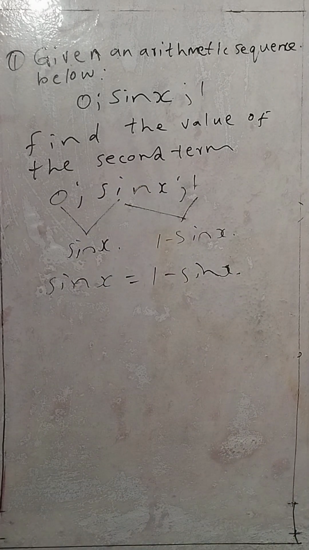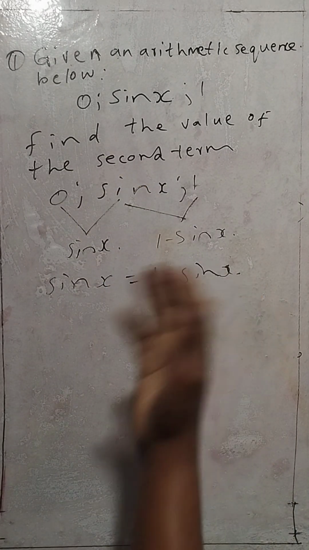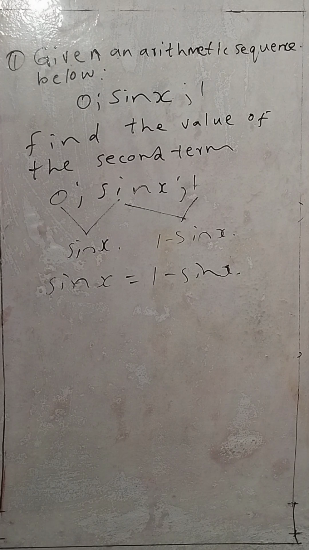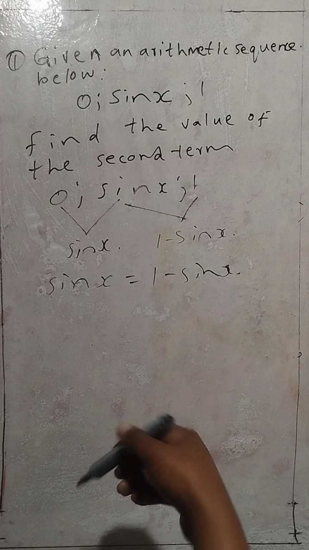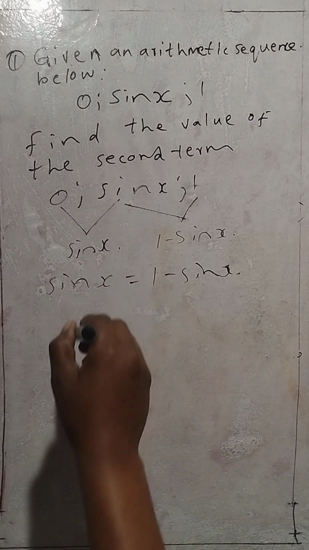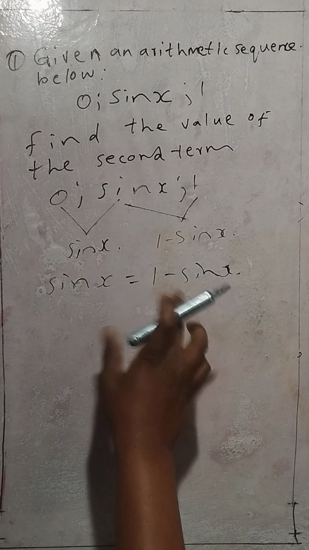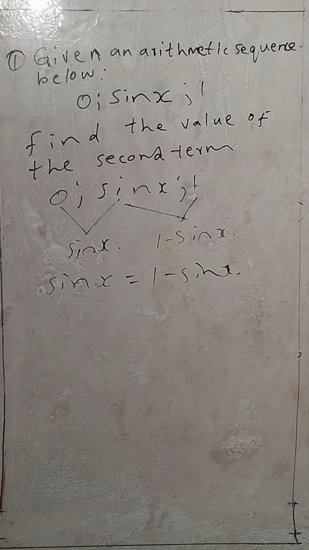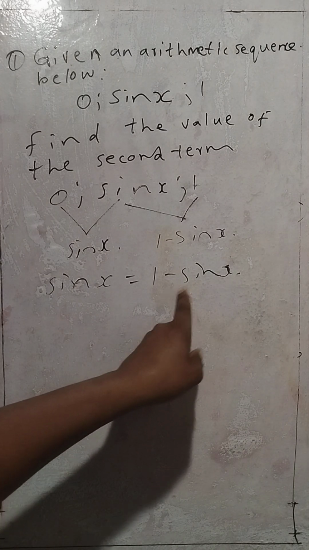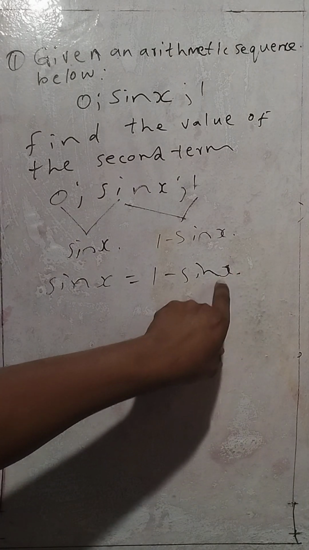We can apply additive inverse, or we can just say transpose, but it doesn't matter what you say, the important thing is what you are writing. They won't call you to come and explain what you did. But if you were to explain, we apply additive inverse, meaning we add sine of x to both sides.